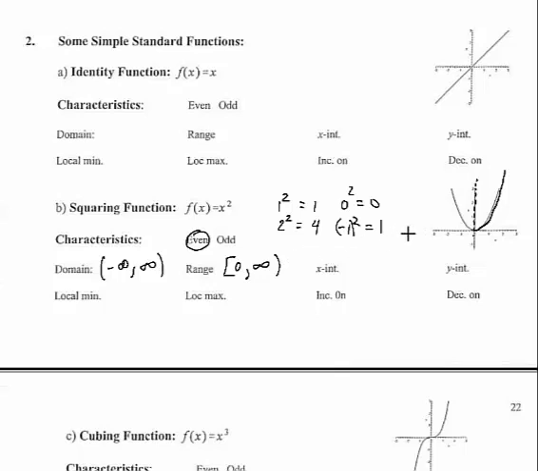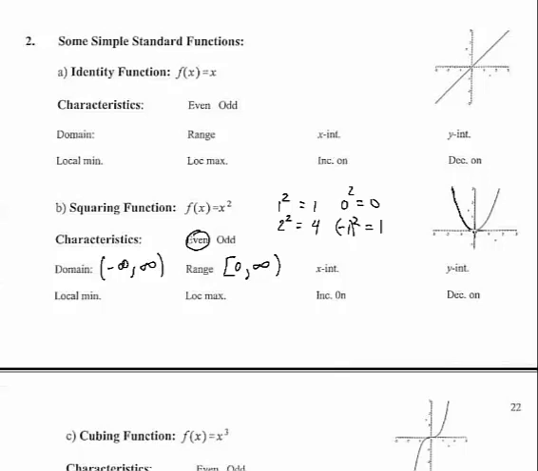And in the sense of a local minimum, we have a local minimum there at the origin. From negative infinity along the x-axis, we drop down, touch the origin, touch the x-axis.